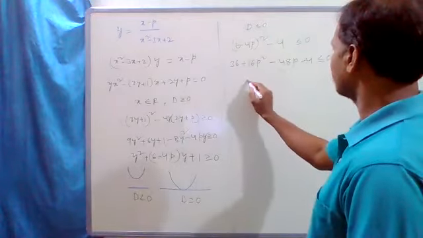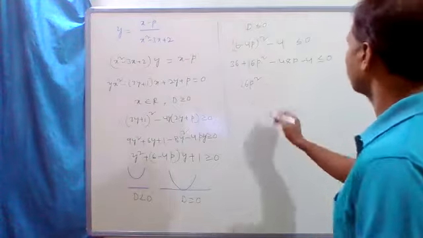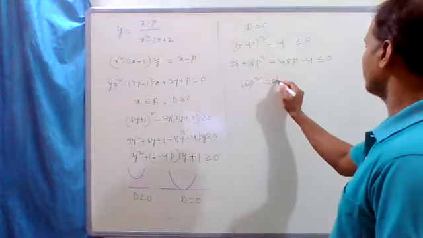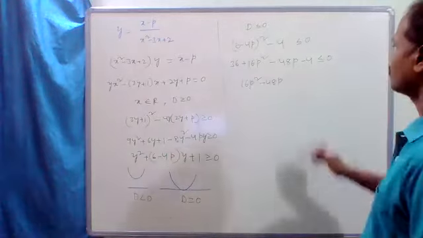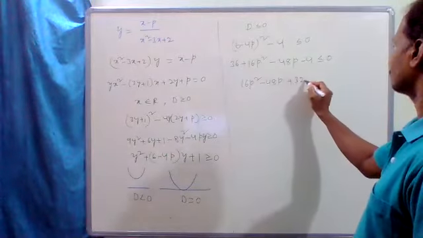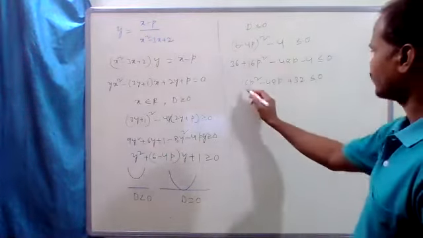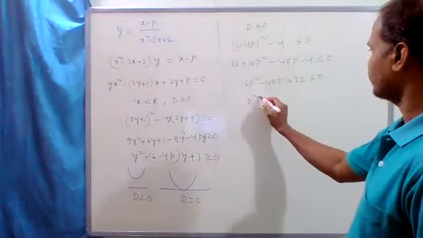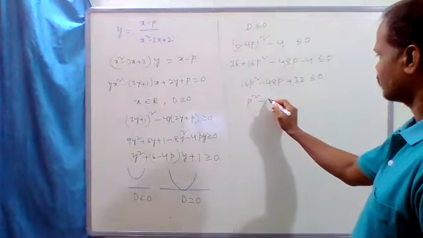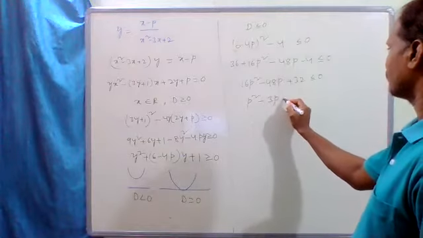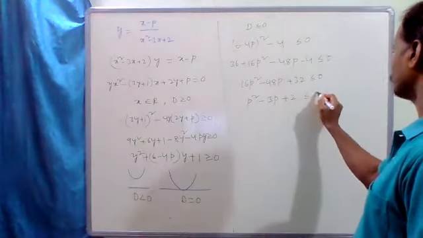So 16p square minus 48p plus 32 is less than or equal to 0. So take common 16: p square minus 3p plus 2 is less than or equal to 0.